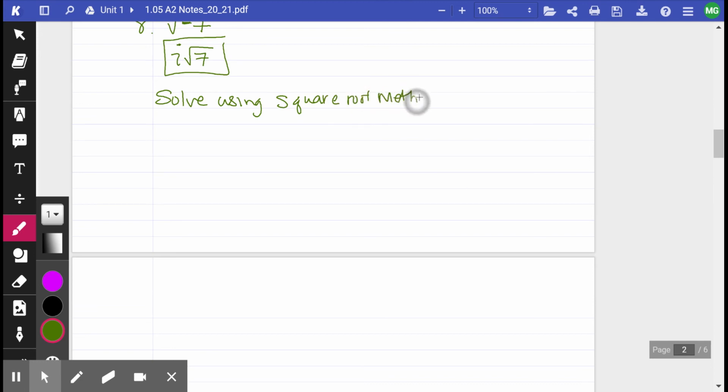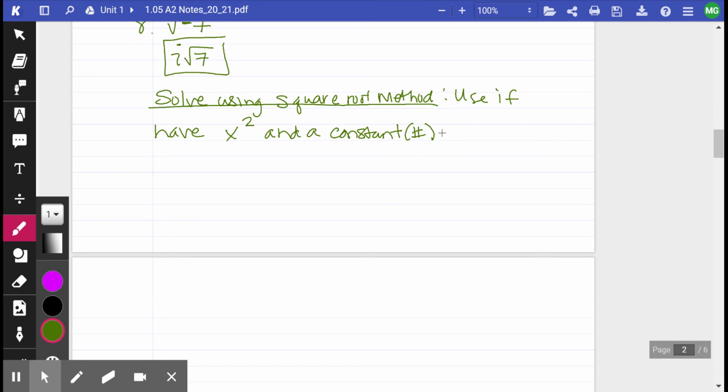When will you need the square root method? Well, you want to use the square root method if you have an x squared term and a constant, so just a single number is what constant means, but you don't have an x term.